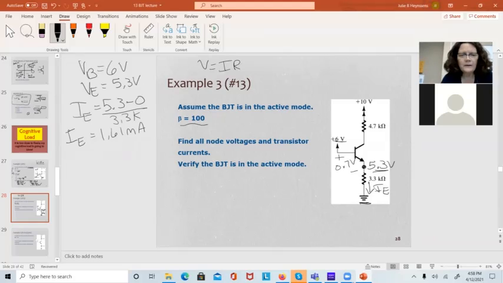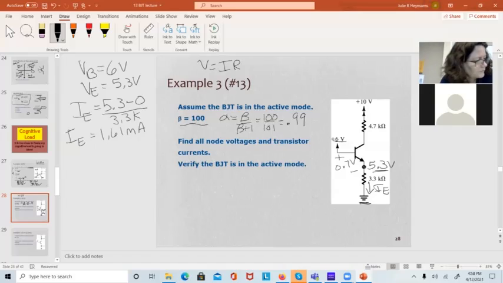We have beta. We can calculate alpha. Alpha is beta over beta plus 1. So this is 100 over 101. This is 0.99.